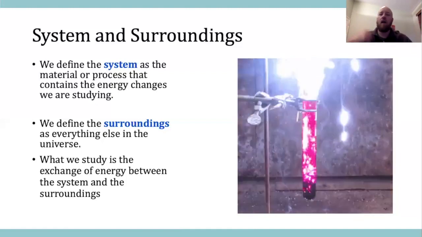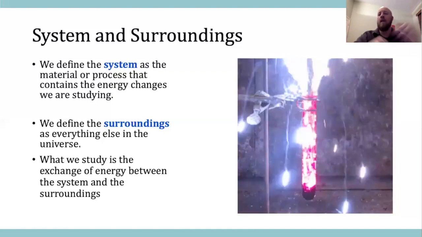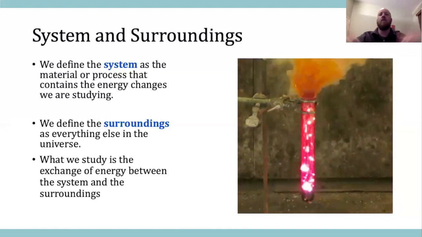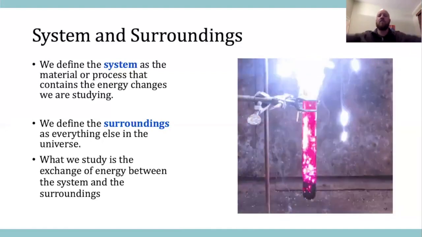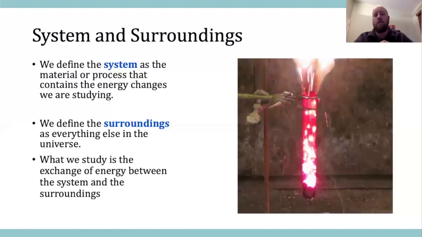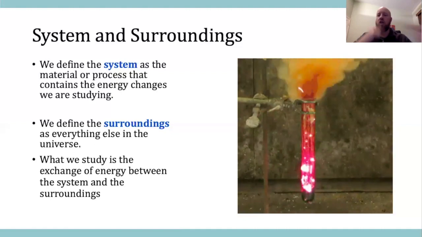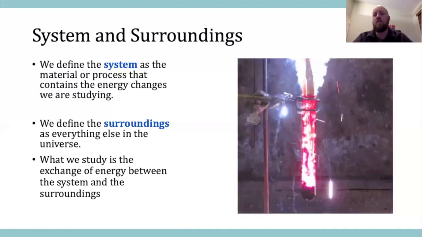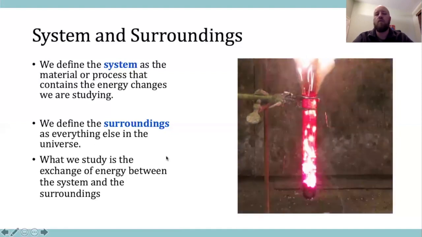You have an equal and opposite gain and loss from physics, right? So if the system is giving off 100 kilojoules of heat, the surroundings are gaining 100 kilojoules of heat. Okay, and so there's always going to be this exchange between the system and the surroundings, between these two points of interest.